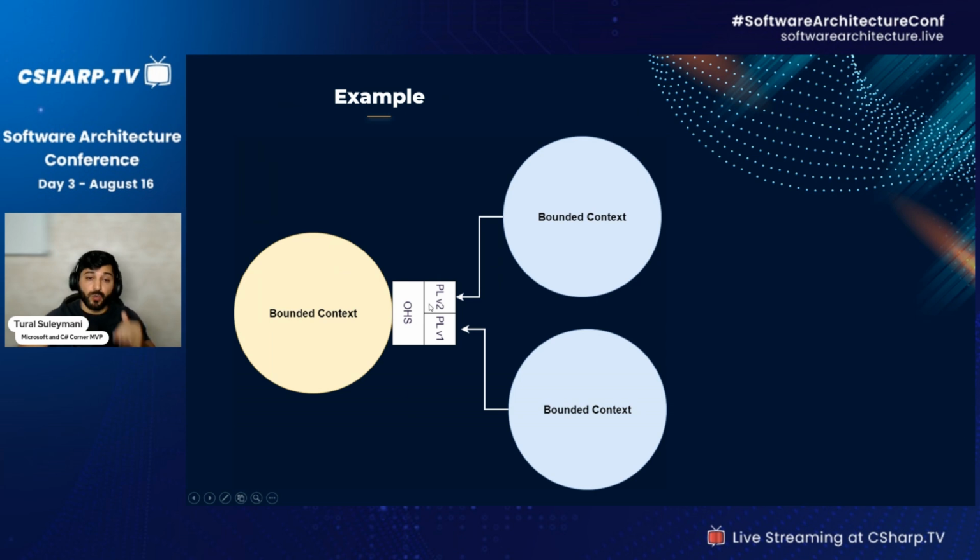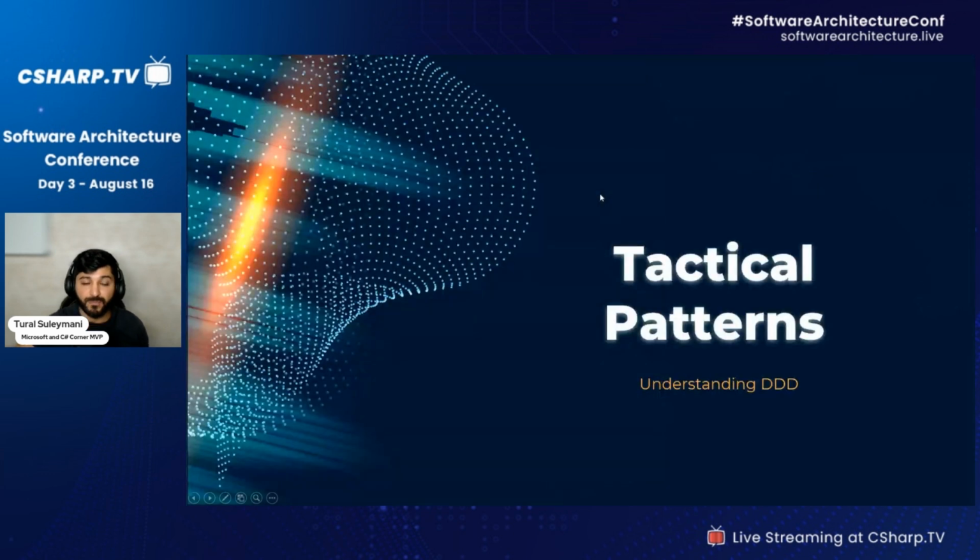So we are able to write a wrapper over our open host service to have separate versions of our context map. In this case, let's say, we have published language version 1 for this bounded context and published language version 2 for this bounded context. Great. So this is about our strategic patterns.